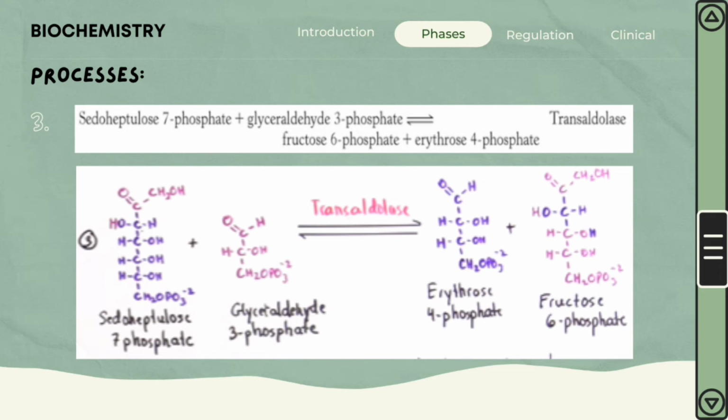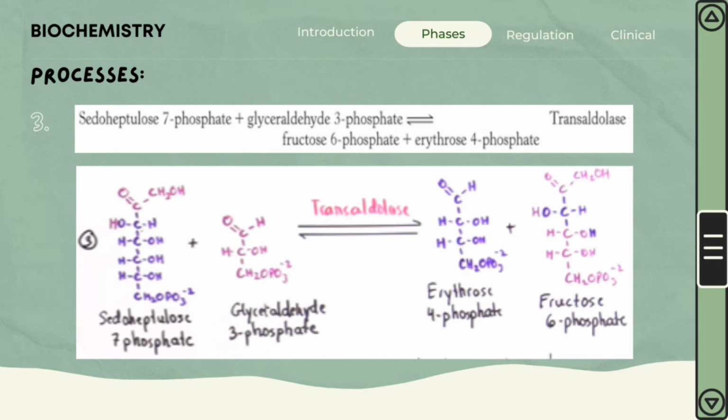The enzyme in process 3 is transaldolase, and what transaldolase does is it takes the entire carbon section from sedoheptulose 7-phosphate. So that would be the, as you can see, the HOCH part until the OCCH2OH part at the top. And then it transfers it into the carbon from glyceraldehyde, the OCH at the top.